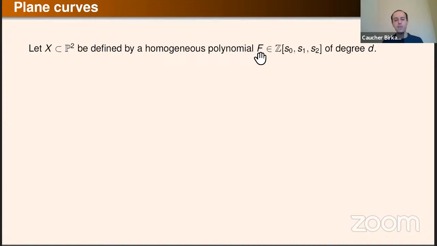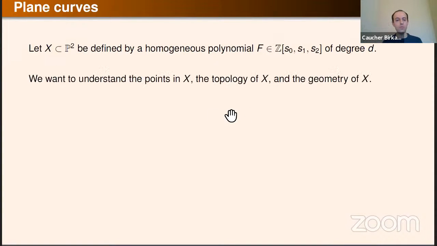And let's say the degree of this polynomial F is D. And we can also assume this is irreducible, so we don't have to decompose it. So this is the easiest type of algebraic geometry that you can do when you move beyond polynomials with one variable.